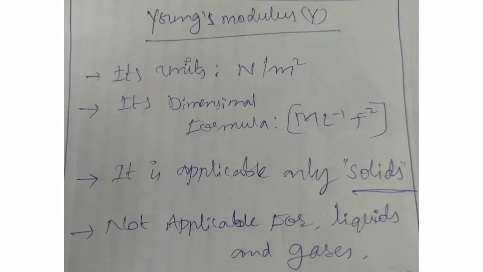Strain is a dimensionless quantity, so only the stress dimensions are applicable for Young's modulus, bulk modulus and rigidity modulus. That's why Young's modulus units are Newton per meter square and the dimension formula is M L power minus 1 T power minus 2.